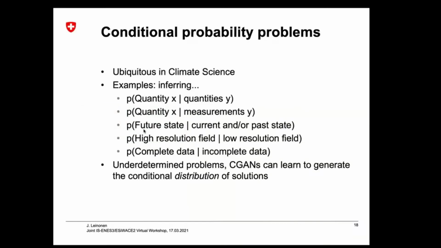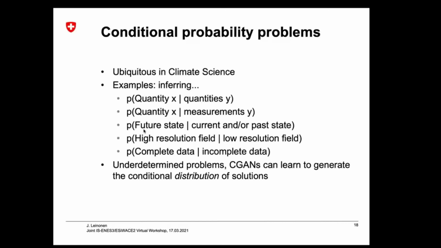So for example, we could be inferring some quantity x from some other quantities y. We could try to do a retrieval from measurements, so get some physical quantity x from some measured quantities y.